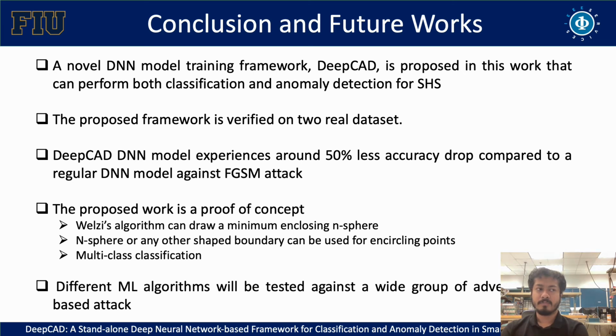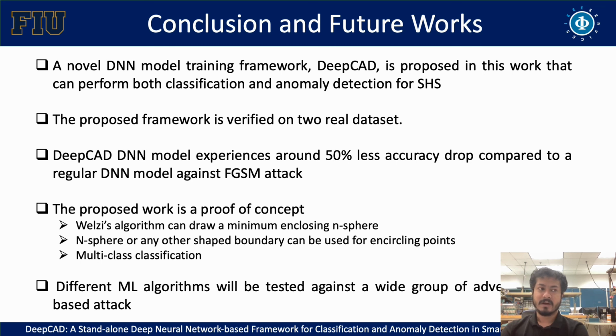Although the proposed work is a proof of concept, this work can be extended and or scaled. For instance, here we considered OLG's algorithm to draw a minimum enclosing circle. However, OLG's algorithm can draw a minimum enclosing n-sphere.